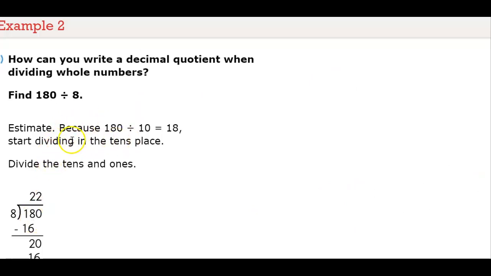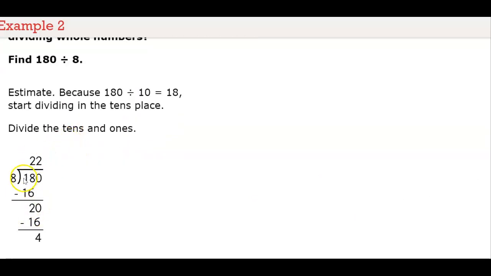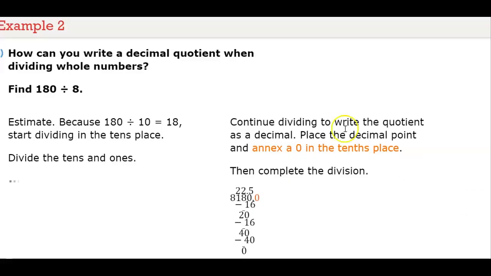So you have the breakdown here of the long division. 180 divided by 8. 8 goes into 18 twice. That equals 16. 18 minus 16 is 2. Bring down the 0. 8 goes into 20 twice. That's 16. 20 minus 16 is 4. So there we have our division there.